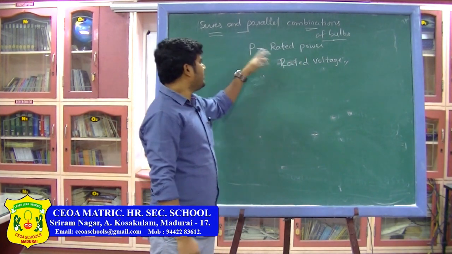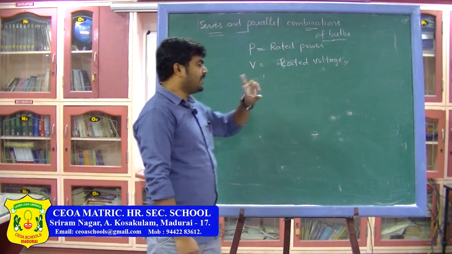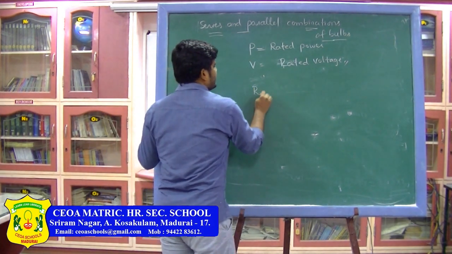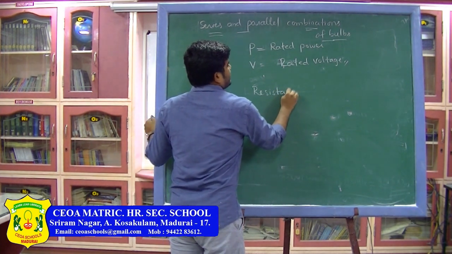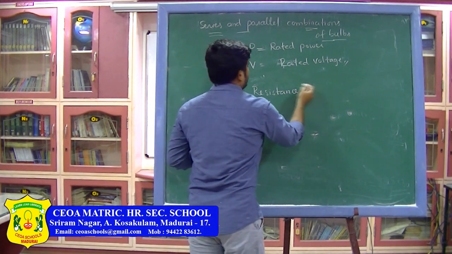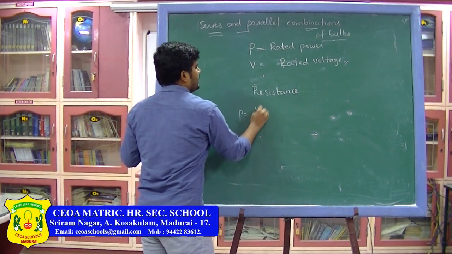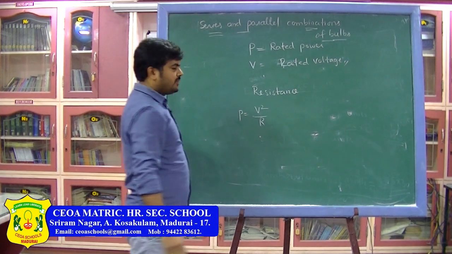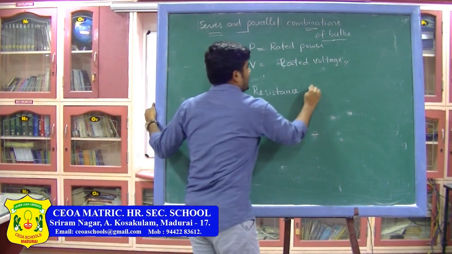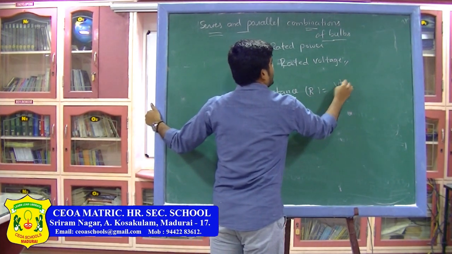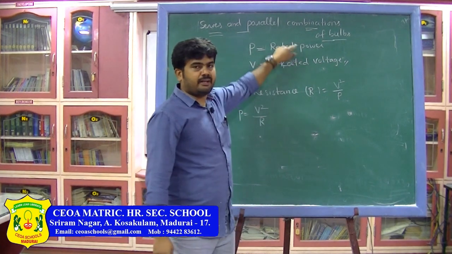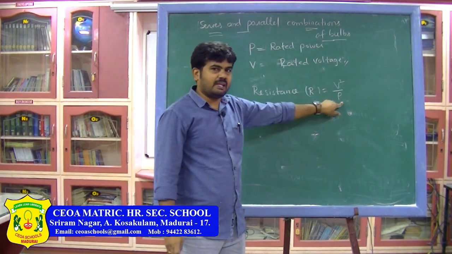Now by using these values you can calculate two things for an electrical appliance. First, you can calculate the resistance of the electrical appliance. We know power is equal to V square by R. Because we want resistance, R is equal to V square divided by P. So by using rated values you can calculate the resistance of the given electrical appliance.